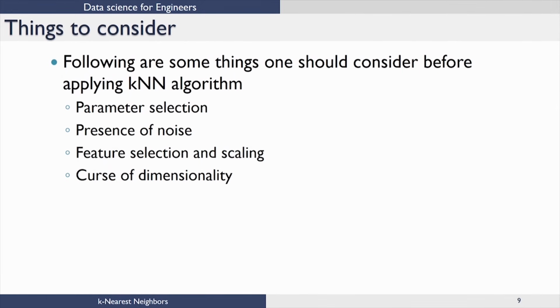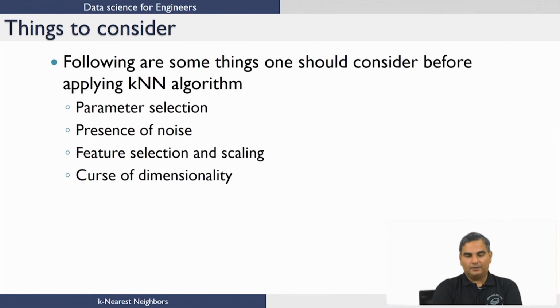One has to choose the number of neighbors that one is going to use, the value of k, whether it is 3, 5, 7, 9, whatever that is, and the results can quite significantly depend on the parameter that you choose, particularly when you have noise in the data, and that has to be taken into account.